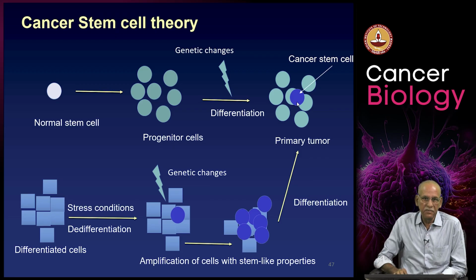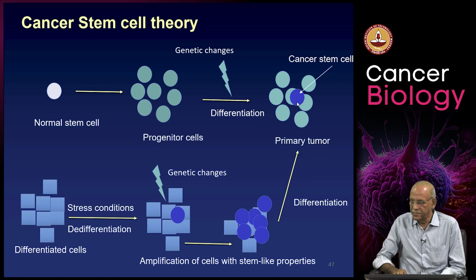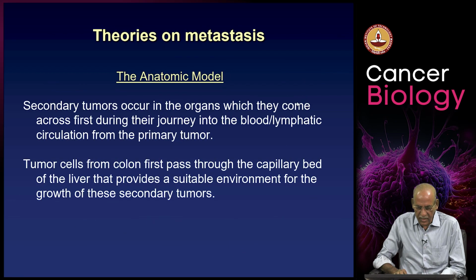Many people believe that, but some people do not agree with stem cell theory also, because again, as I told you, this does not fit with all types of cancers. Some cancers you can explain this, but not all types of cancers. So, that is why no theory helps you to understand.